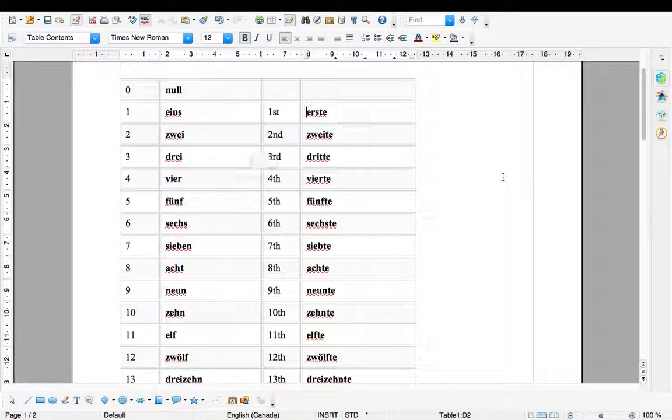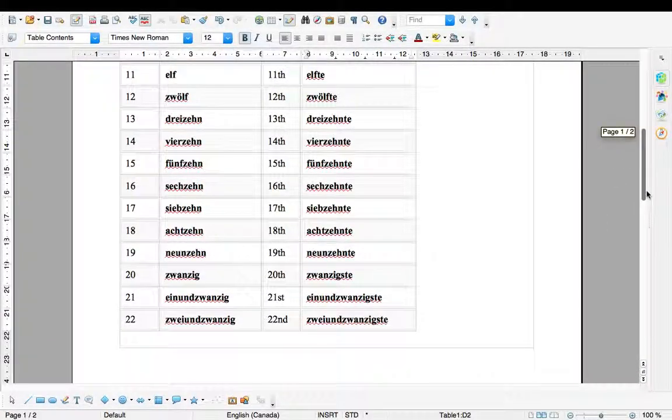Zum Beispiel, for example, zweite, dritte, vierte, fünfte, sechste, siebte, achte, neunte, zehnte, elfte, zwölfte.